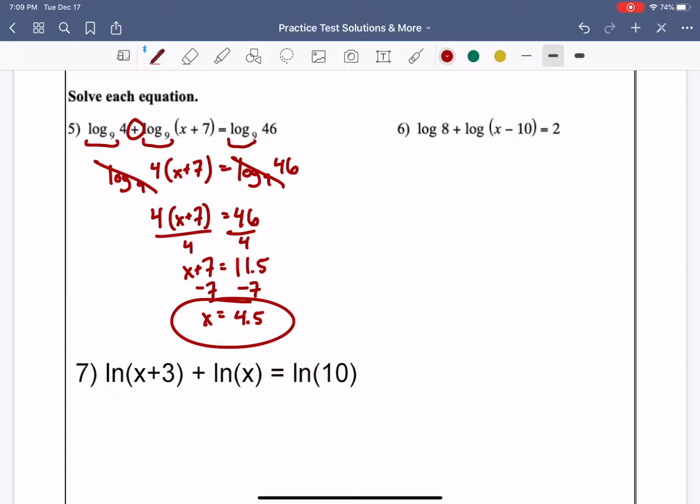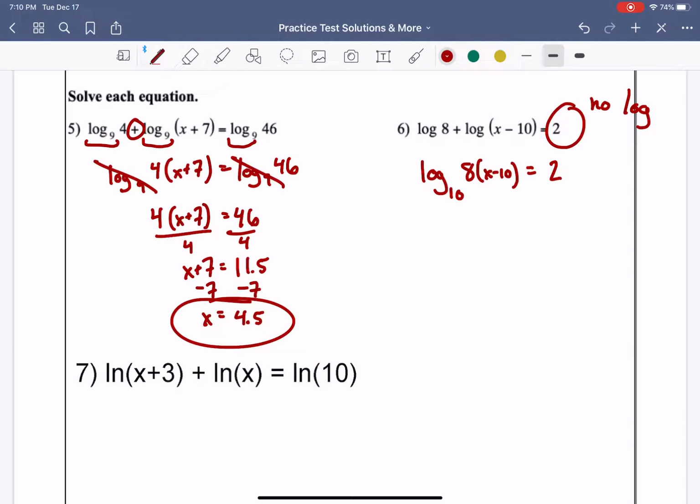All right, if we look at number 6, it looks very similar, but over here we have no log, so this is going to be a little bit different. But first we can still do what we did on the other side. We have 8 times x minus 10 equals 2. We have no log on the other side, and right, we have log base 10 because we don't see a base. The base is 10.